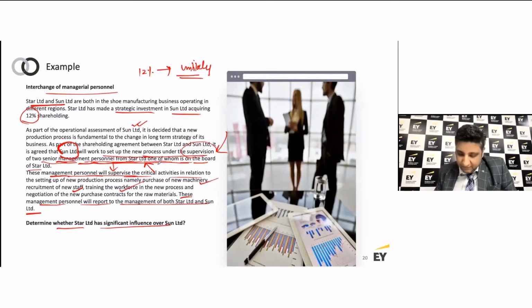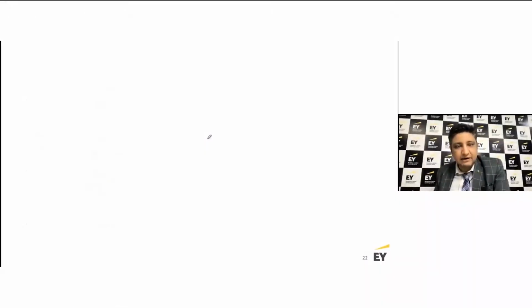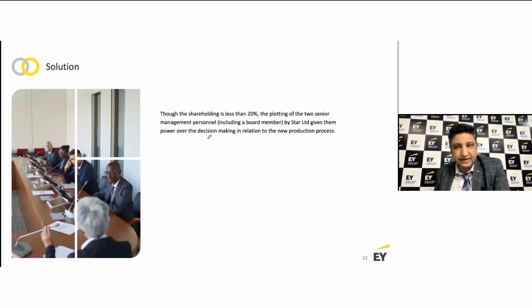Okay, so even though there is a 12% shareholding, we may consider that the availability of these managerial personnel who are working through Star Limited, who have a presence on Star Limited's board, very likely can reflect the presence of a significant influence there.